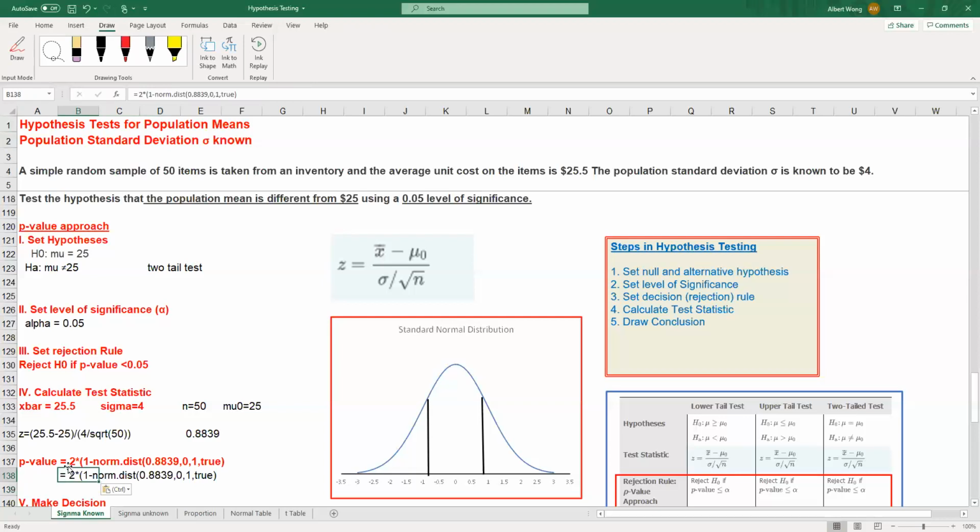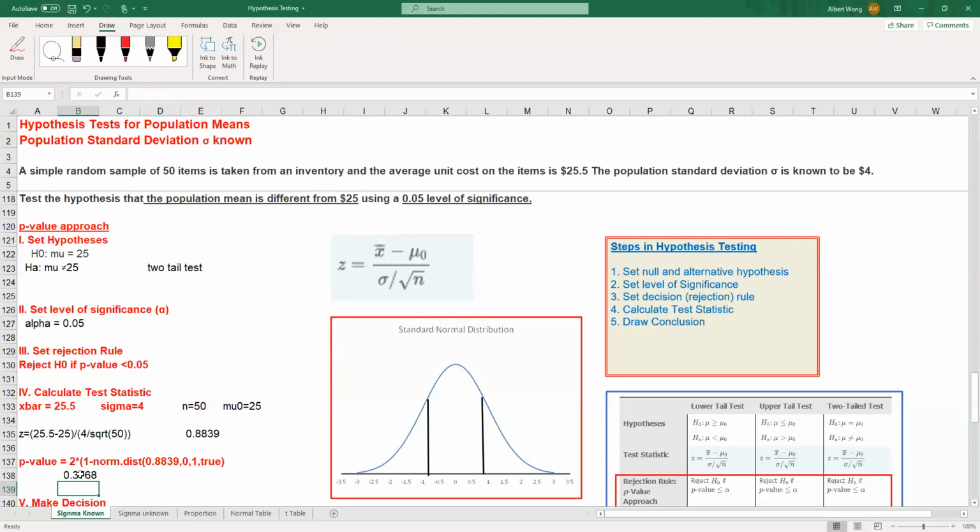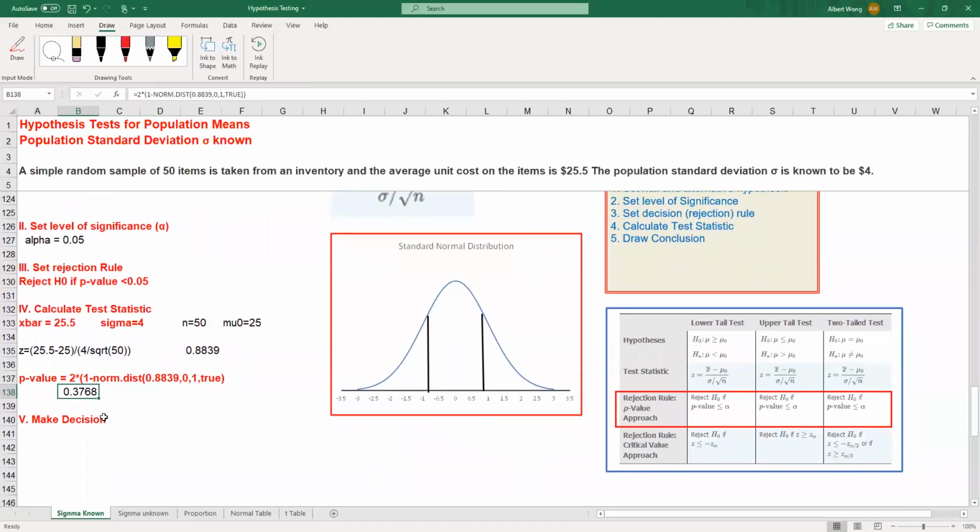And that probability is equal to 0.37868, right? Is that bigger than 0.05 or less than 0.05? Because we reject H0 if the p-value is less than 0.05.